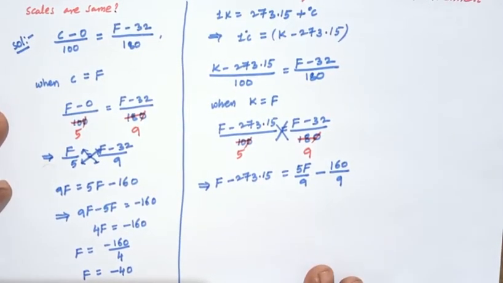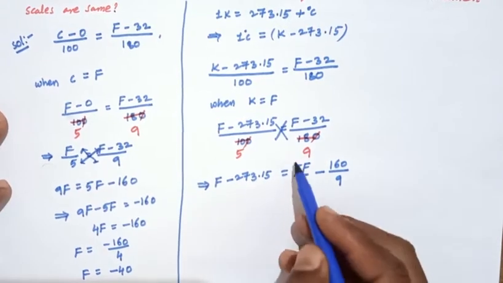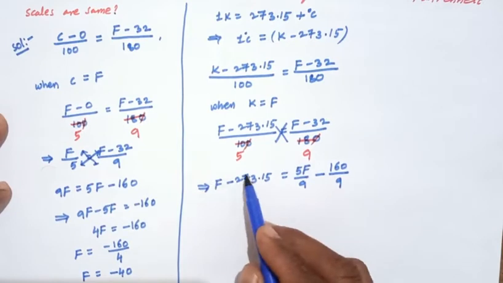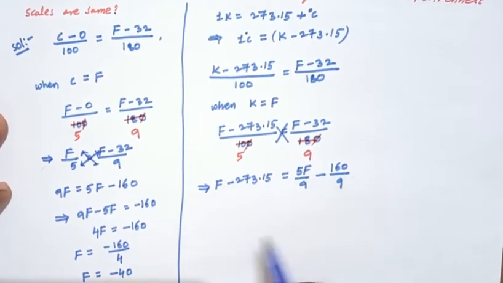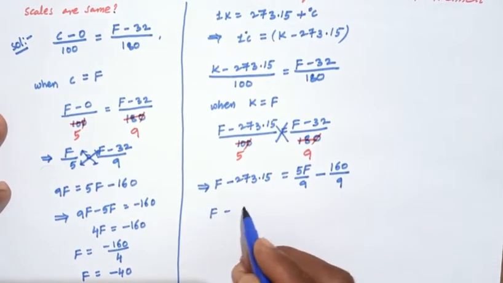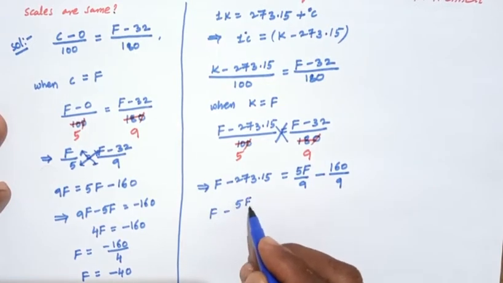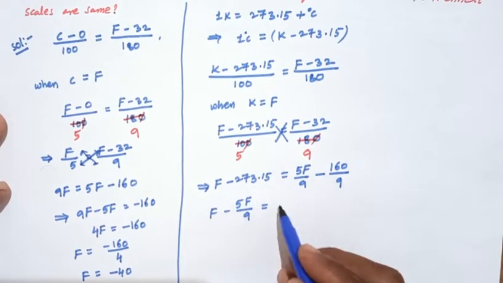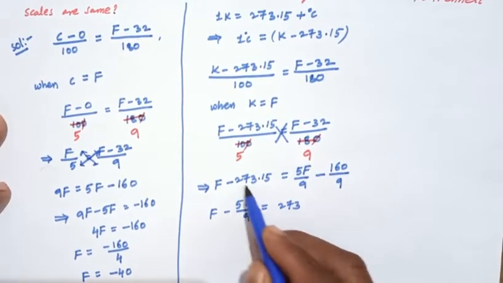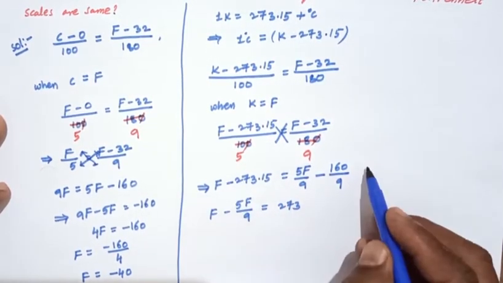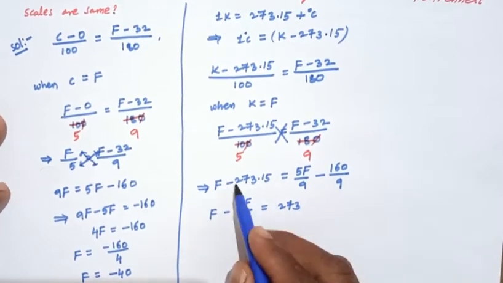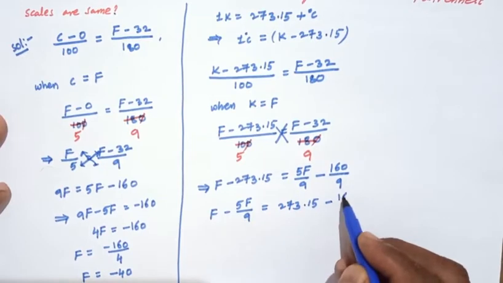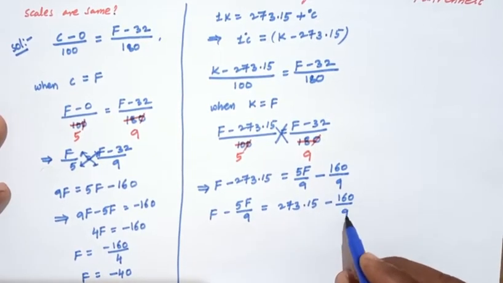Here the F terms are taken to the left side, and the minus term is taken to the right side. So F minus 5F by 9 equals 273.15, the negative is converted to positive when taken to the right side, minus 160 by 9.